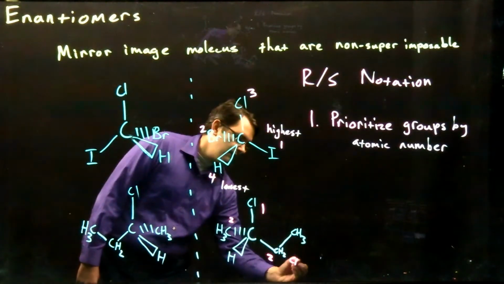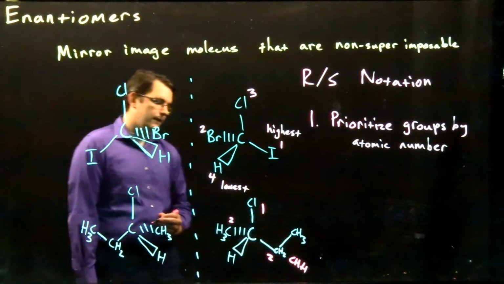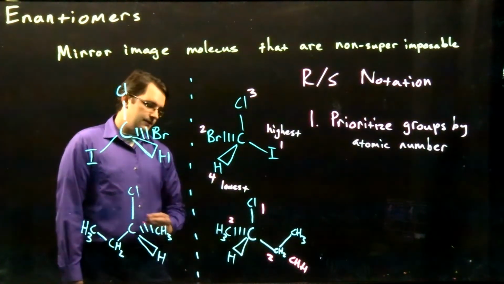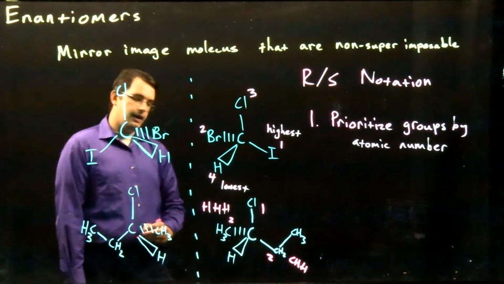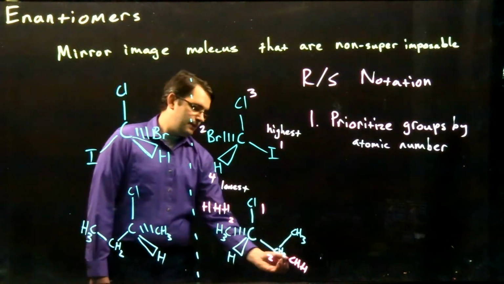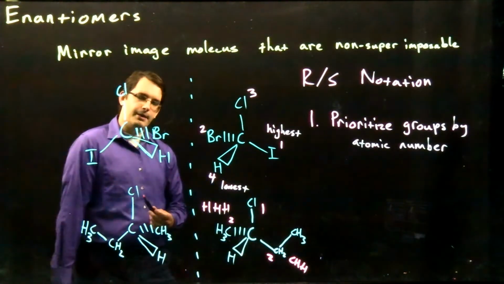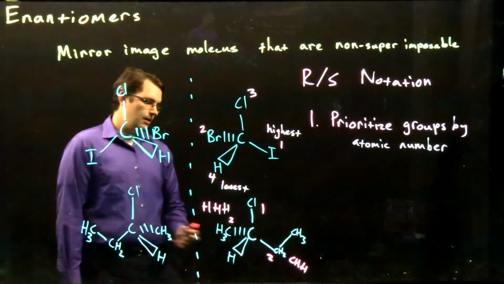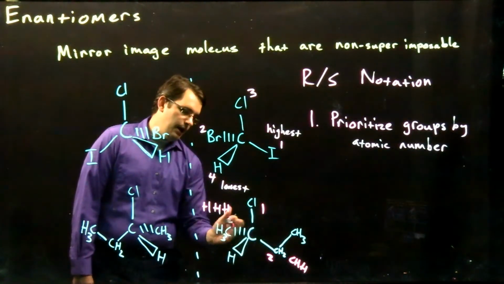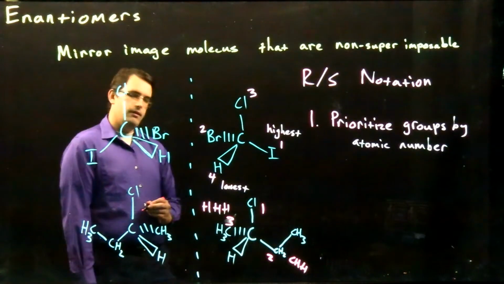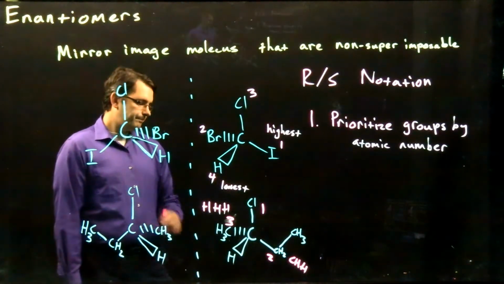I'll write that down: carbon, hydrogen, hydrogen are the 3 things attached here. Whereas this carbon has hydrogen, hydrogen, and hydrogen attached. Since my carbon over here has a higher atomic number compared to my hydrogen, I'm going to give this group the higher priority, and this other group becomes my 3rd priority.